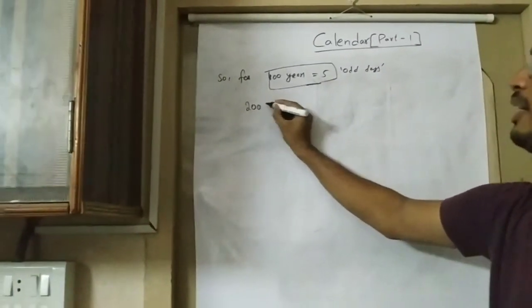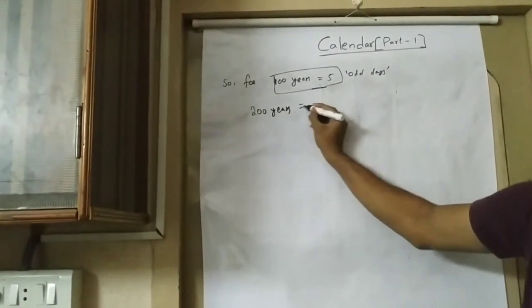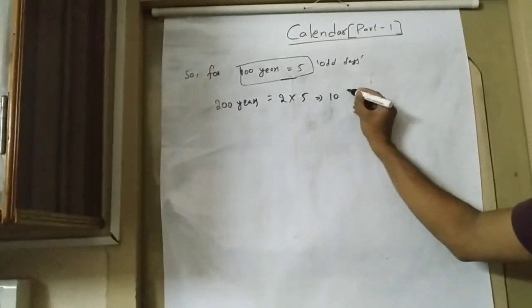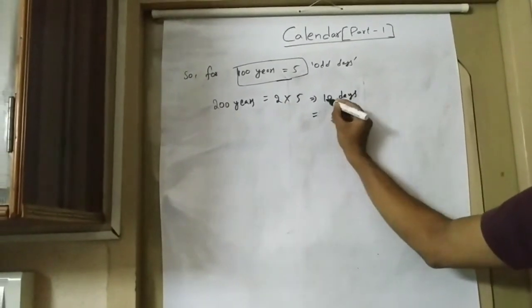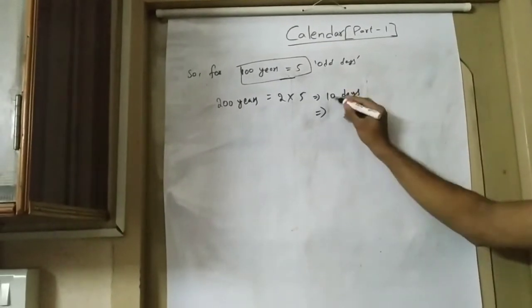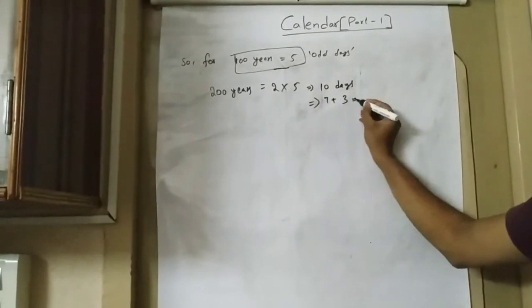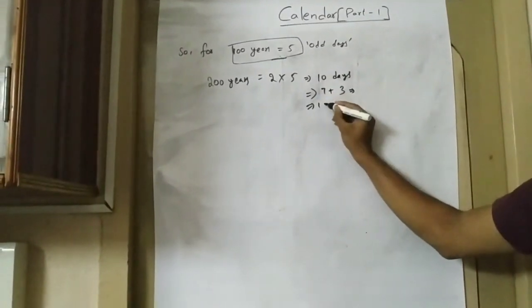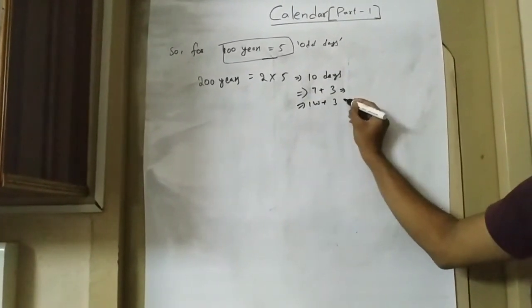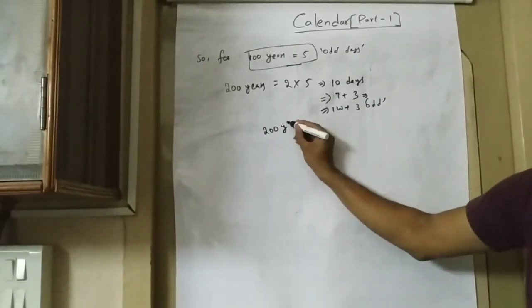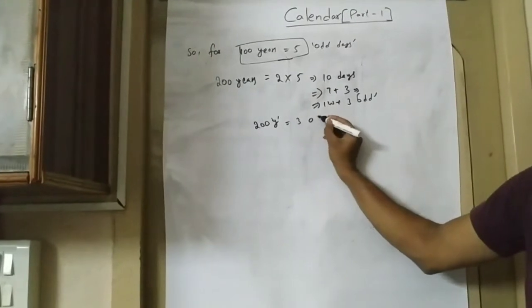So for 200 years, that is equal to 2 into 5 odd days, so that will be 10 days. Convert 10 days into weeks and odd days. This 10 can be written as 7 plus 3, that is 1 week plus 3 odd days. So for 200 years, there will be 3 odd days.